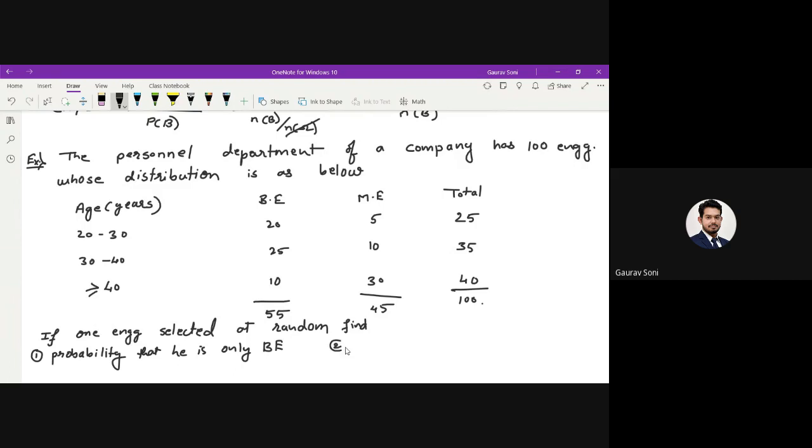Second, he has a master's degree given that his age is beyond 40. He is ME given that age above 40.